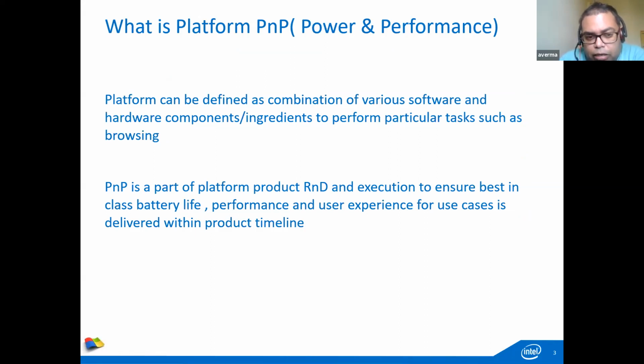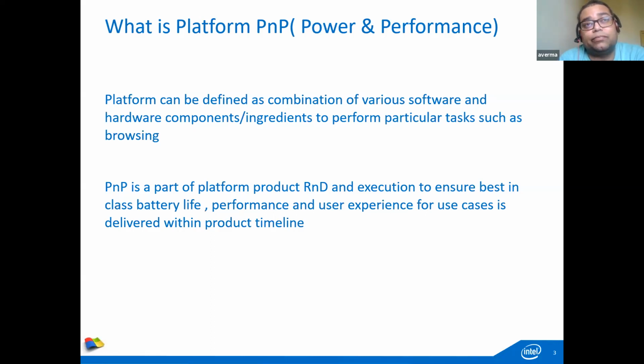When you are browsing on your computer, there are various ingredients which need to work together, right? For example, you need an internet connection, maybe via Wi-Fi or a modem. Then you need the browser, whether it's Chrome, Edge, or Mozilla. Then you need the operating system, and for audio you need audio subsystems.